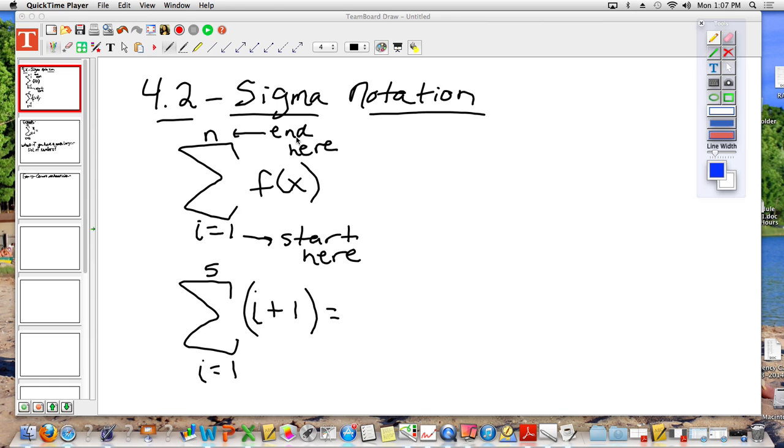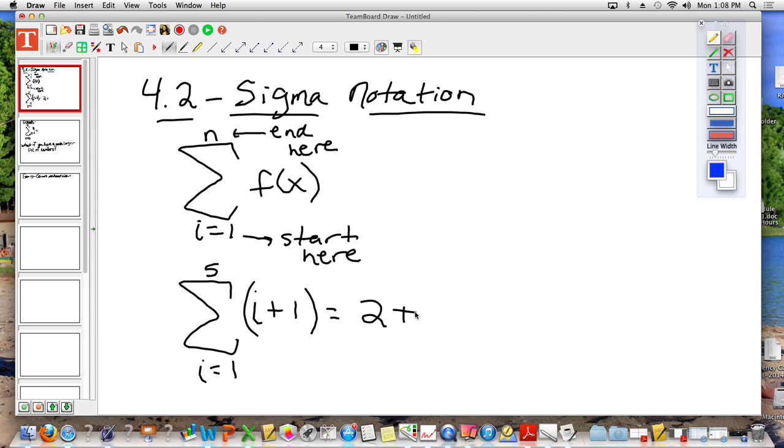So if I plug a 1 into this function, what is the value of that function? 2. It would be 2. So we'd have a 2 plus. And then if you put a 2 in for i, you'd have 2 plus 1, which is 3. And then if you put a 3 in for i, you'd have 3 plus 1 is 4.